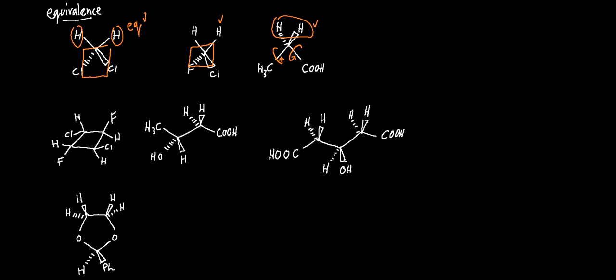Now over here we have a molecule that has a lot of symmetry, but if we look at the different protons, here's a proton attached to a carbon that has a chlorine on it. Here's another one attached to a carbon with a chlorine on it. But these two over here are attached to carbons with fluorine on it. But the symmetry, if you look at it carefully, indicates that these two are equivalent and that these two are equivalent.